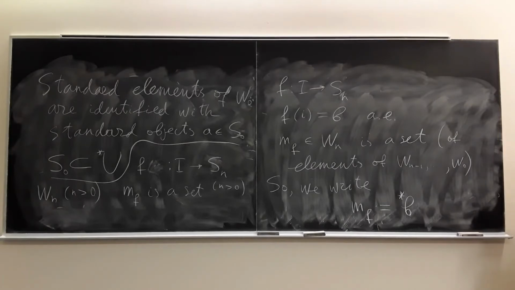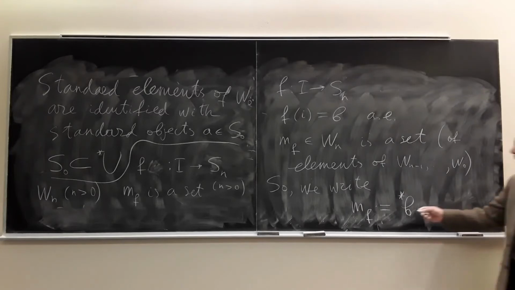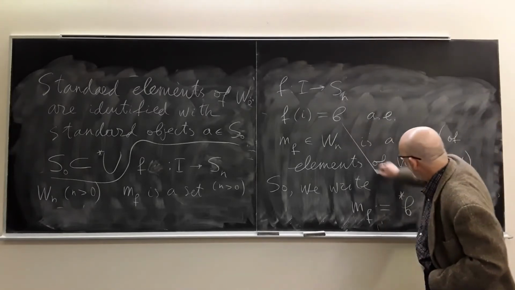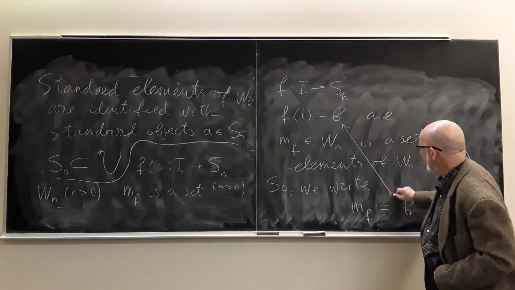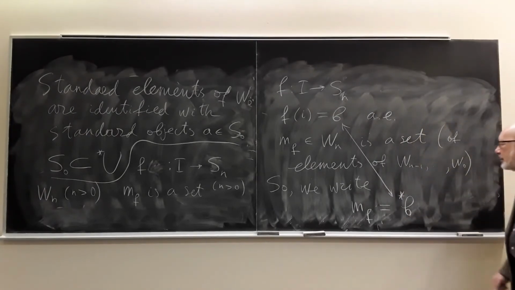But B star somehow is associated with this B. I don't know how to call it. Call this operation making a standard element non-standard, or I would say non-standard expansion of this element.